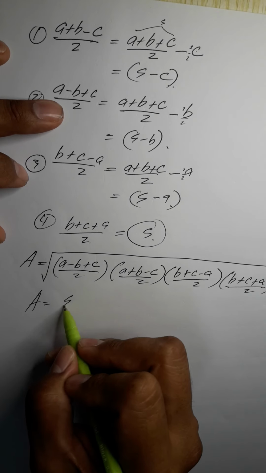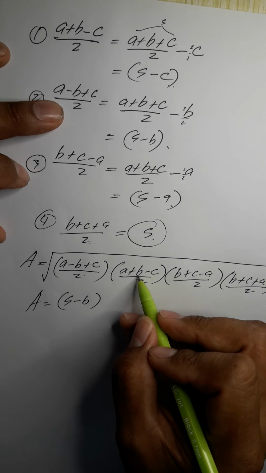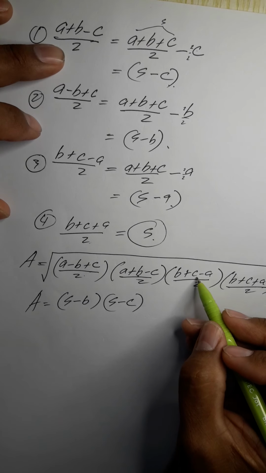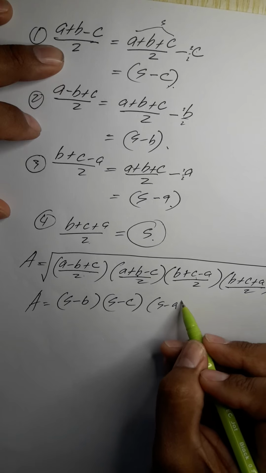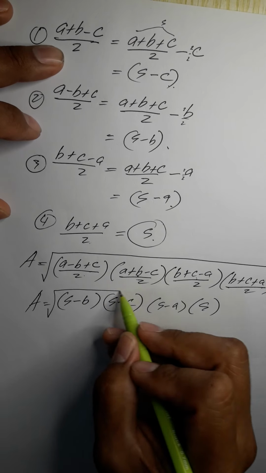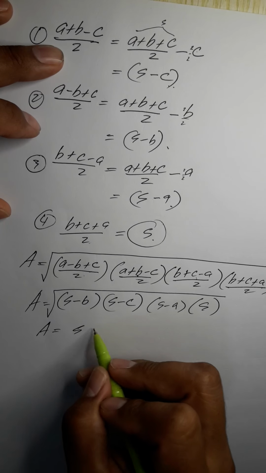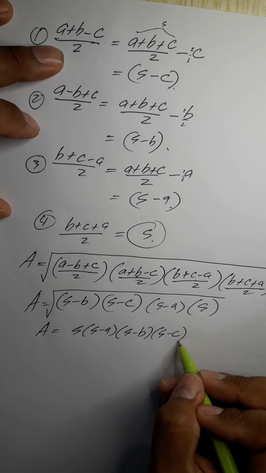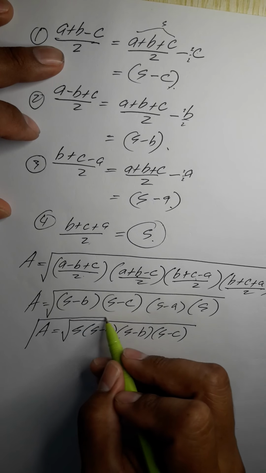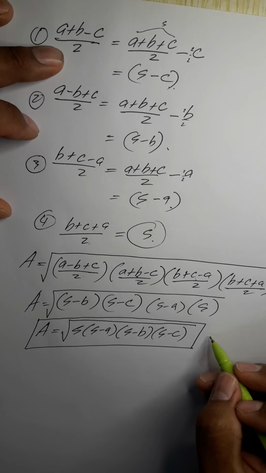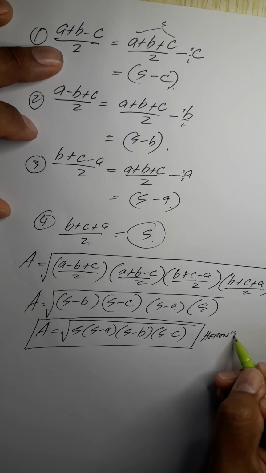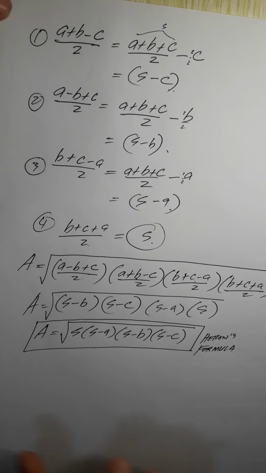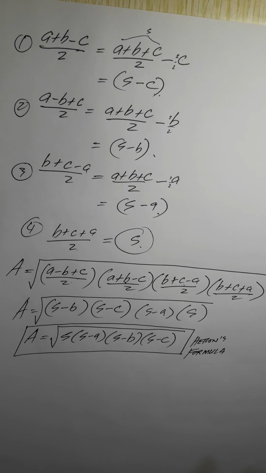That is S minus B, and this one will be S minus C. This one will be S minus A, and this one our S. So rearranging, we have the square root of S times S minus A times S minus B times S minus C. So this is actually our Heron's formula. Okay, that's it.